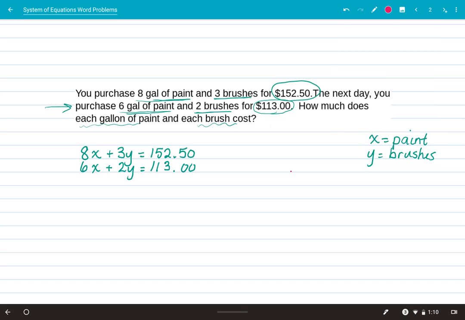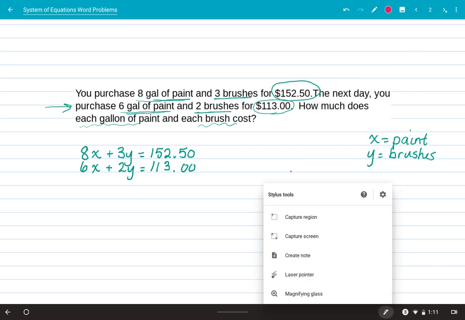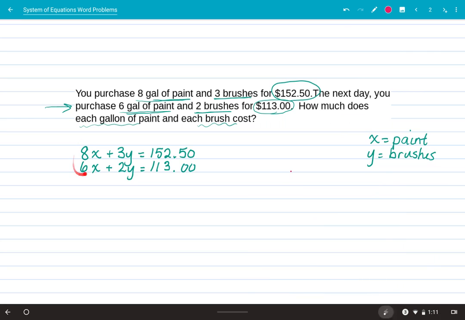Okay, and since this is in standard form, x plus y or x minus y, we want to do elimination or linear combinations, either one you want to use. So what we're going to do is, do we want to multiply by what our x's are, or do we want to multiply by what our y's are? For me, I would go with the easiest.